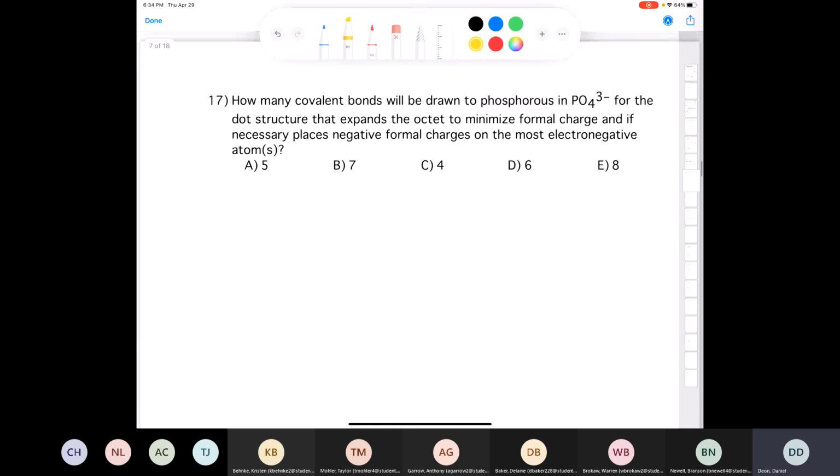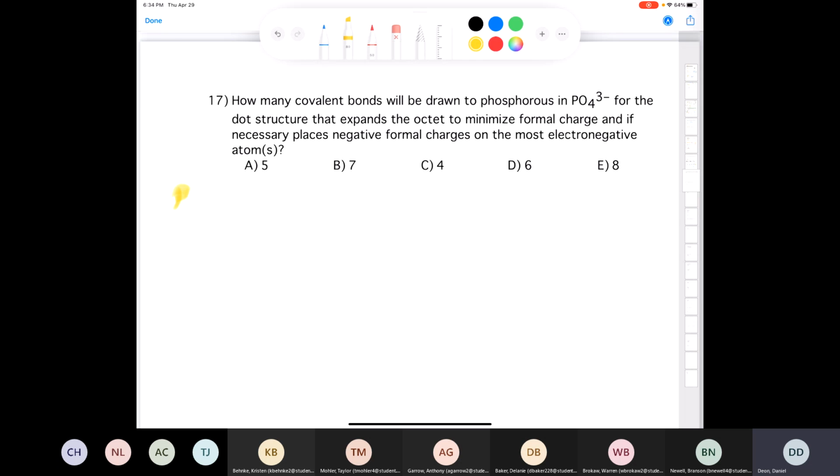Question number 17. How many covalent bonds will be drawn to the phosphorus in PO4 3-, the phosphate ion, for the dot structure that expands the octet to minimize formal charge, and if necessary, places negative formal charges on the most electronegative atoms? So it's nothing more than drawing the Lewis structure of the phosphate ion.